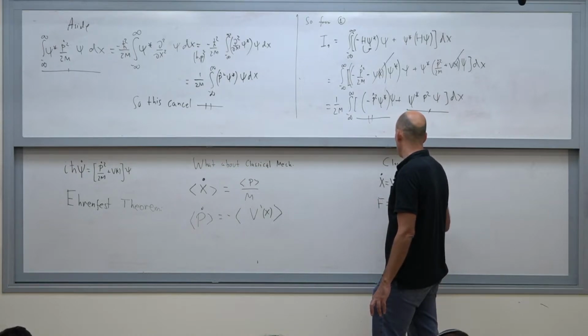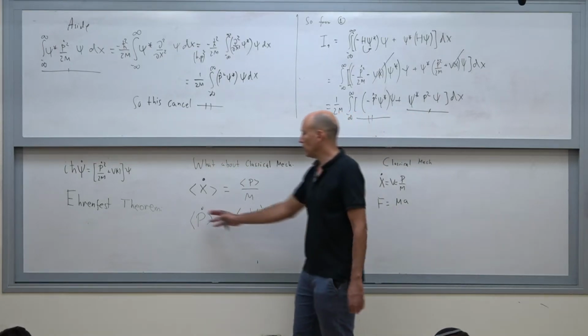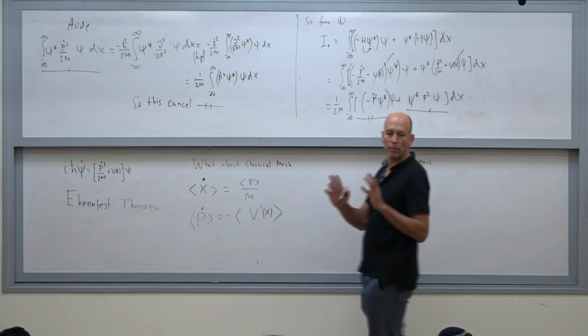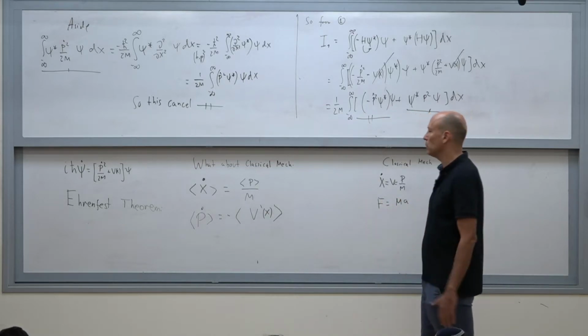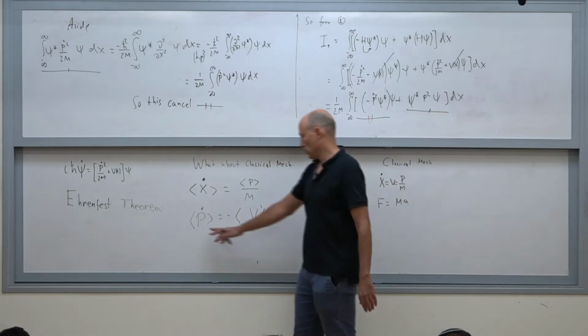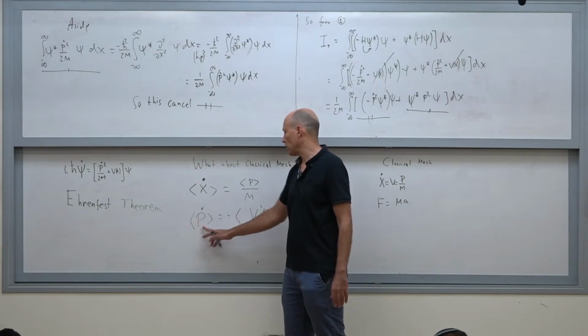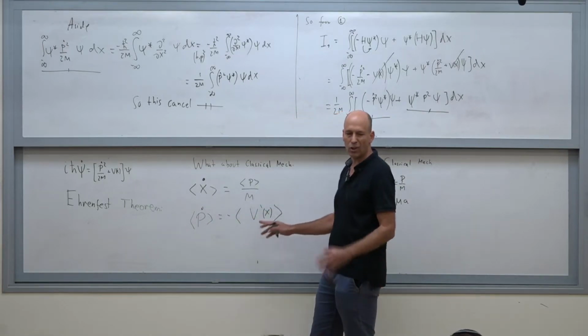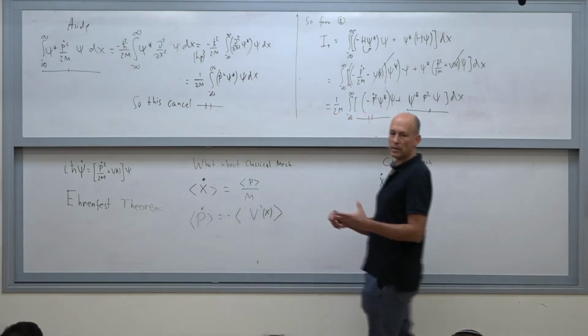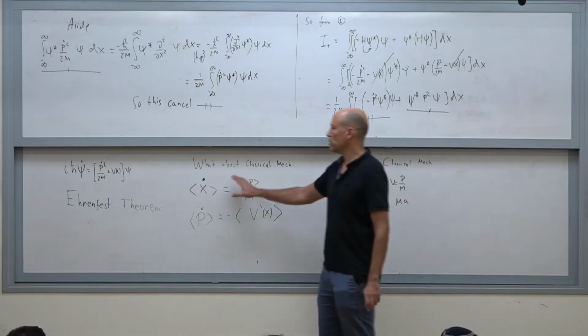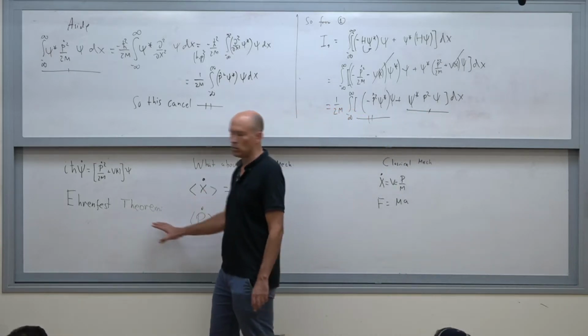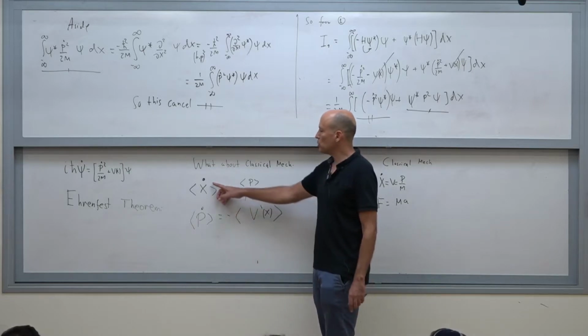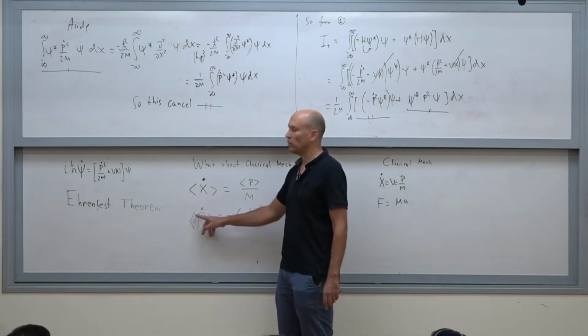F equals ma. Well, here it's a bit more general. I assume all the time the mass is fixed; the mass doesn't depend on time. So the derivative of the momentum is equal to the force, but it's not exactly the classical equations. They are called Ehrenfest equations or the Ehrenfest theorem, because now we are only dealing with the averages.